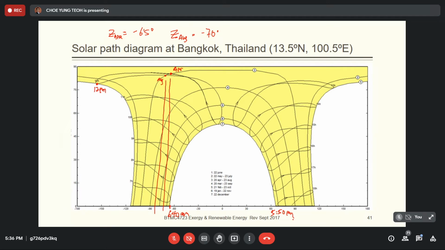Okay, 6:40 to 5:50. So you can calculate the day length. So 11 hours and 10 minutes day length.